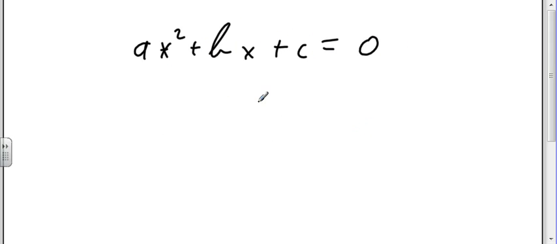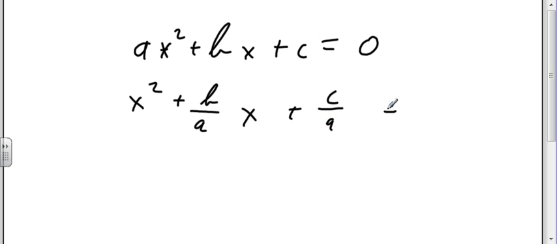If I have something that's ax squared plus bx plus c is equal to 0, and I know how to complete the square. Now, completing the square happens probably in chapter 8 or 9, so we'll get to it sometime. But in order to complete the square, we put this x squared plus b over a x plus c over a is equal to 0, so that when you complete the square, you make the coefficient of the x squared term 1.